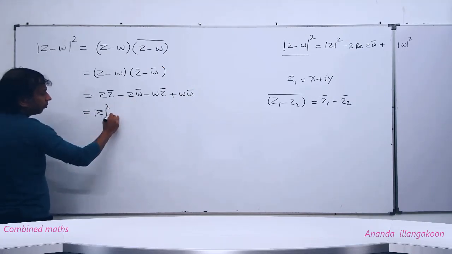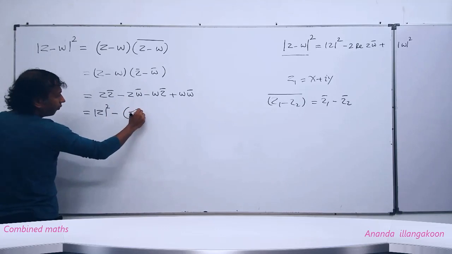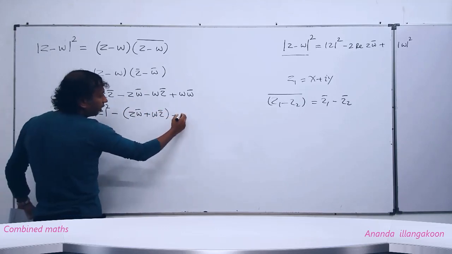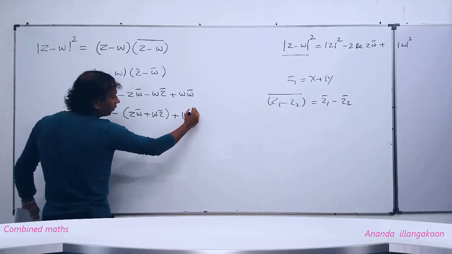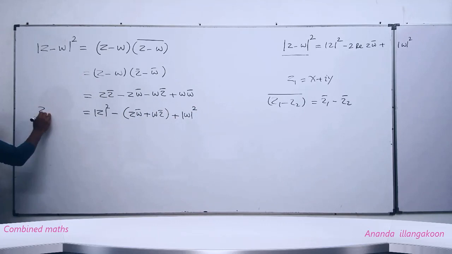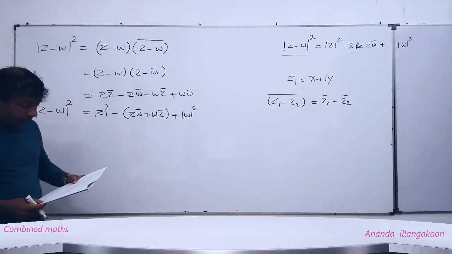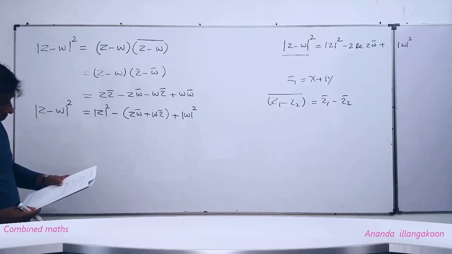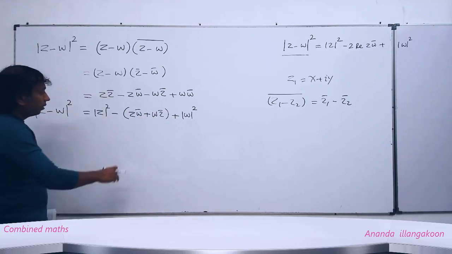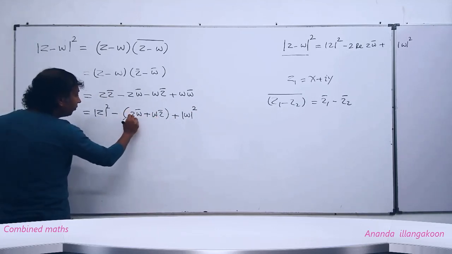Here you can take the minus sign out, then we get within the bracket like this. w w bar means the perfect square of mod w. So here we have mod of z minus w squared like this. Okay. Now, this z and this z both are the same, right?